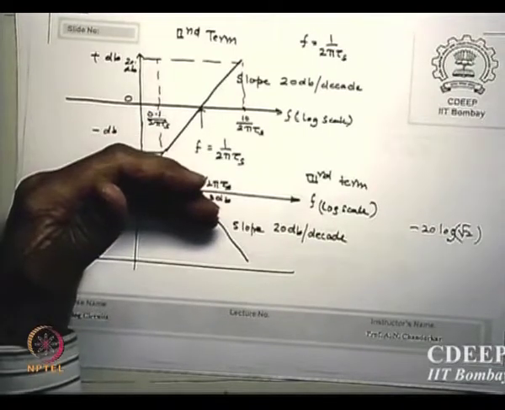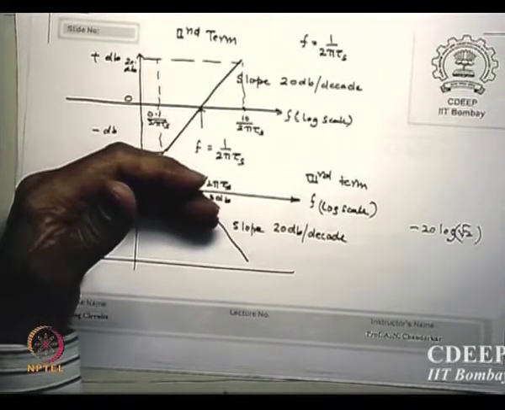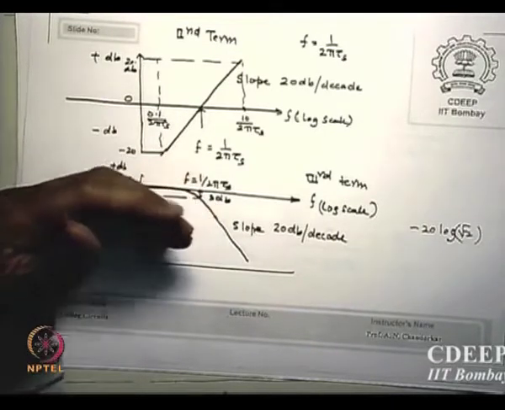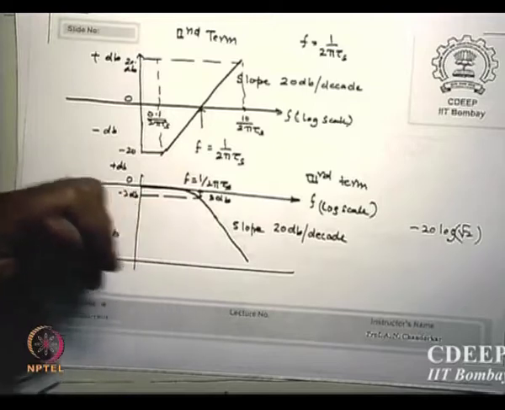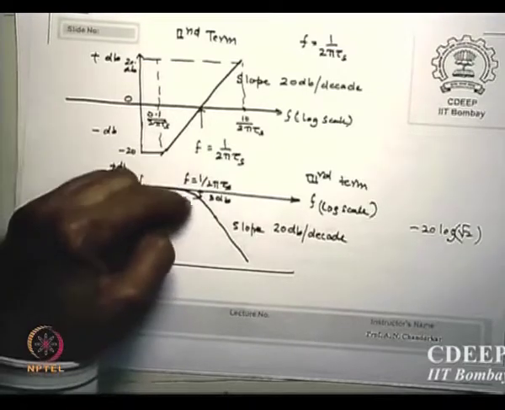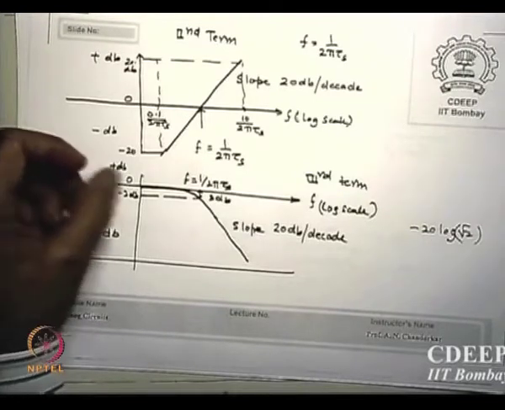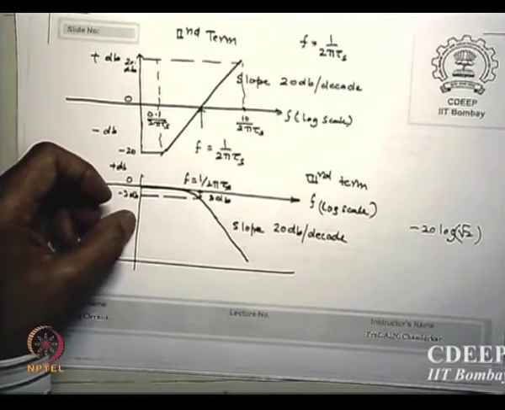As I start increasing the frequency, that 1 upon 2 pi tau term comes into the picture, and the gain will start reducing. At that frequency the gain would have fallen by 3 dB, essentially 0 to minus 3 dB.